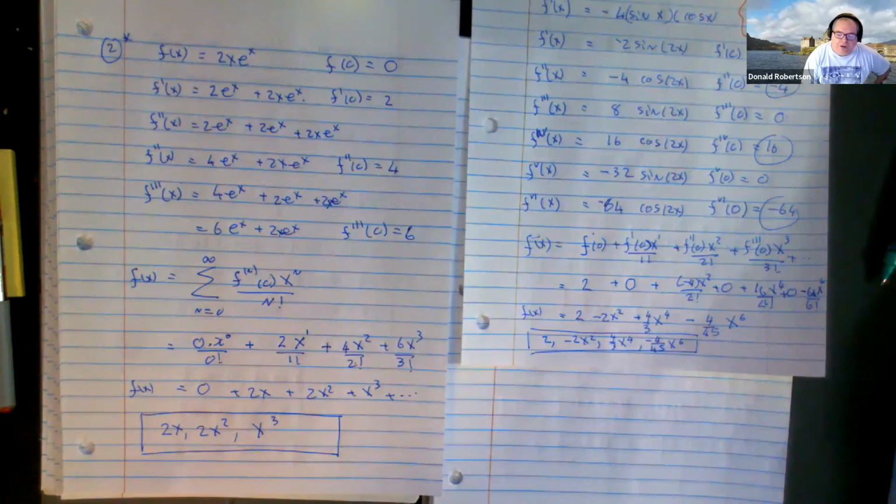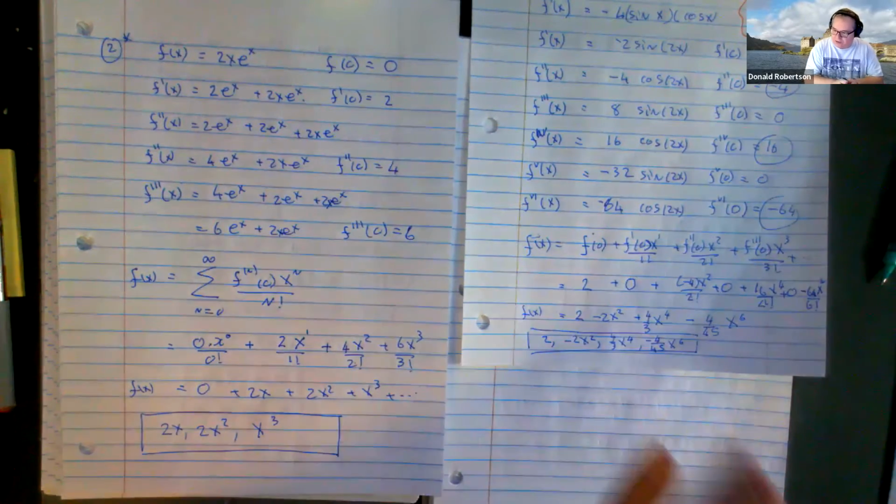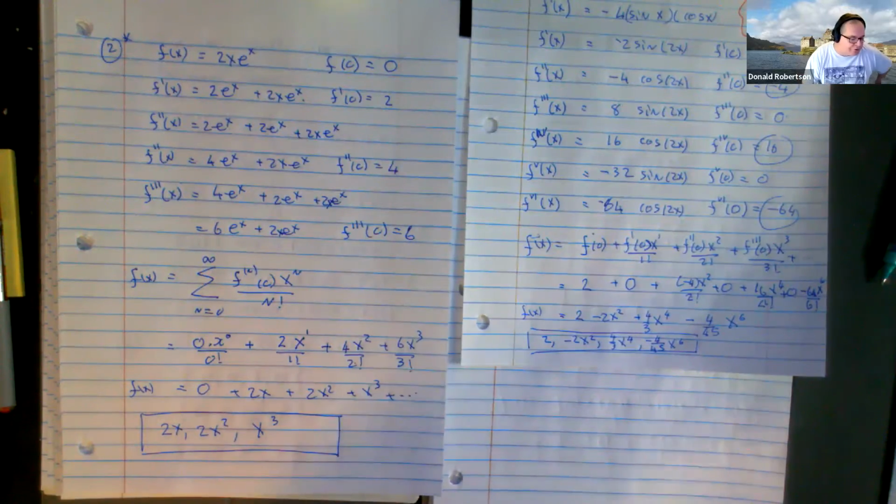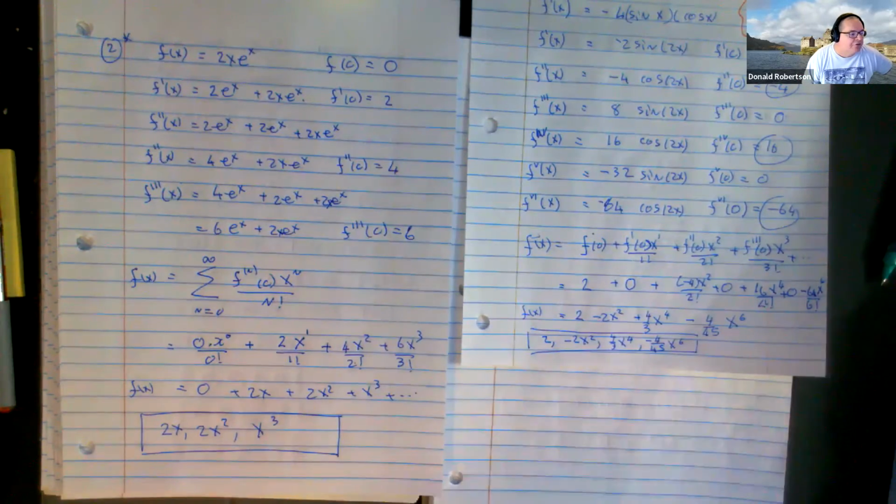And we'll see how good a match it is. And because it's a Maclaurin series, I know it's going to be best at 0. And then as x travels away from 0, it gets less and less, what's the word I'm looking for? Accurate. Yeah, that's a good word.